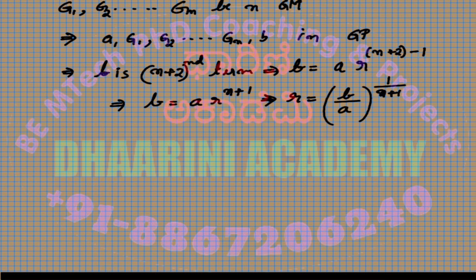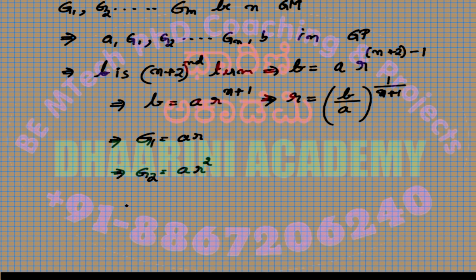Okay, so this gives you the common ratio. So now I can find all the terms, right? So what is g1? First term is a into r. What should be the second term? That is g2 is equal to a r, g1 into r, so a r square. In the same fashion, I can try to find out all the terms up to the last.